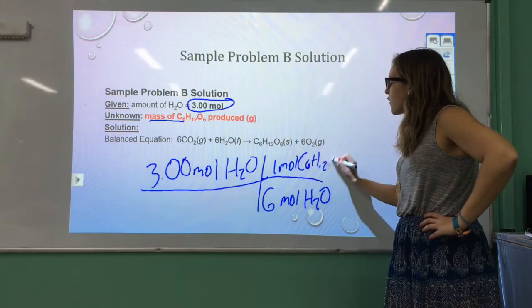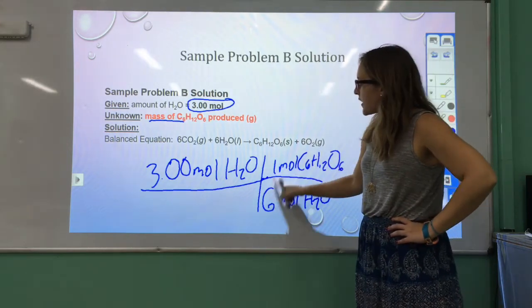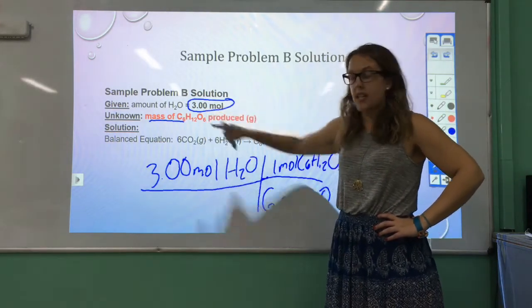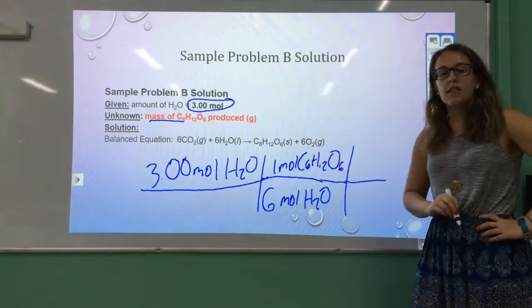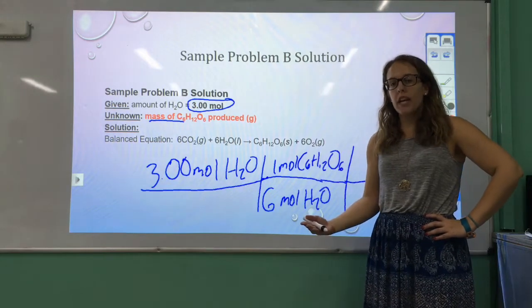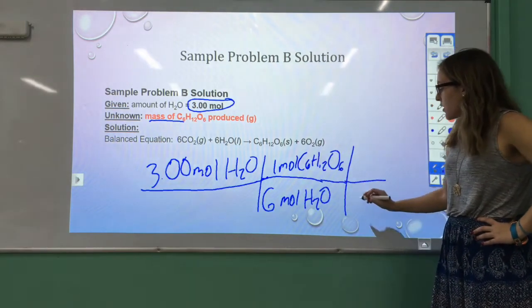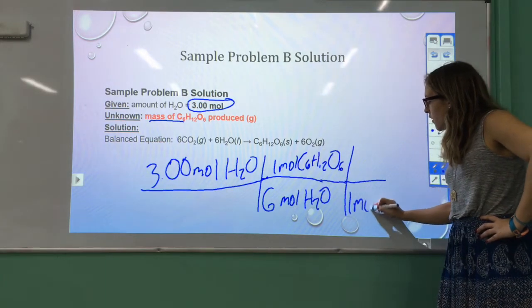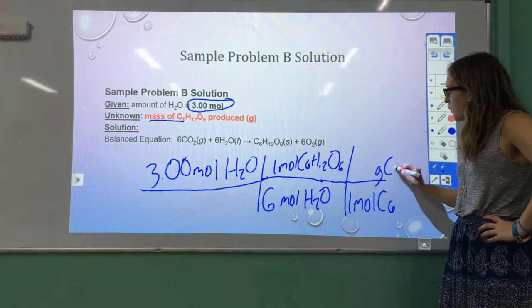Again, this is a conversion factor, so we are not using the sig figs here. We will use the given sig figs. If we stop here, this just gives us moles, so we need to keep going and use the molar mass of glucose.